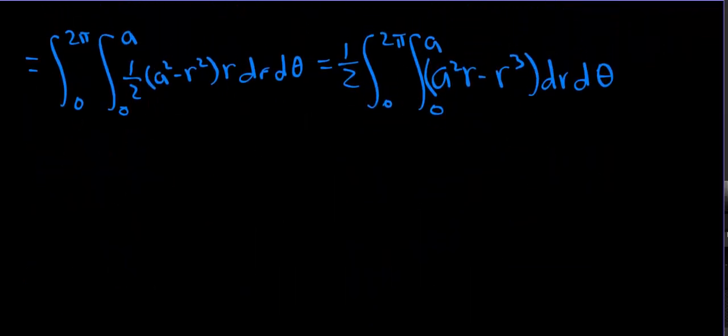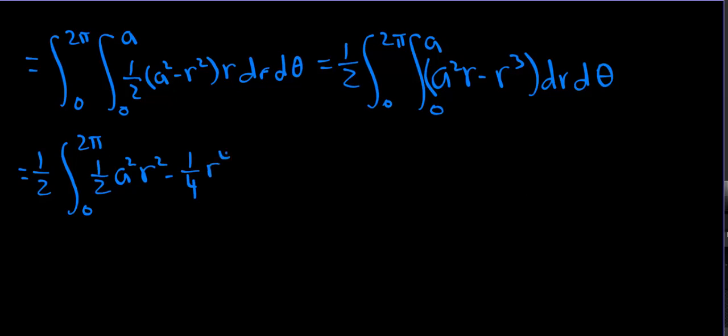So we've got 1/2, 0 to 2 pi, of 1/2 a squared r squared minus 1/4 r to the 4th, from 0 to a, d theta.